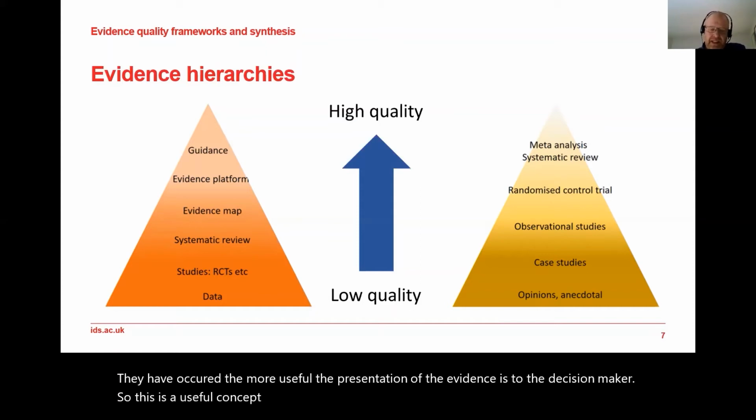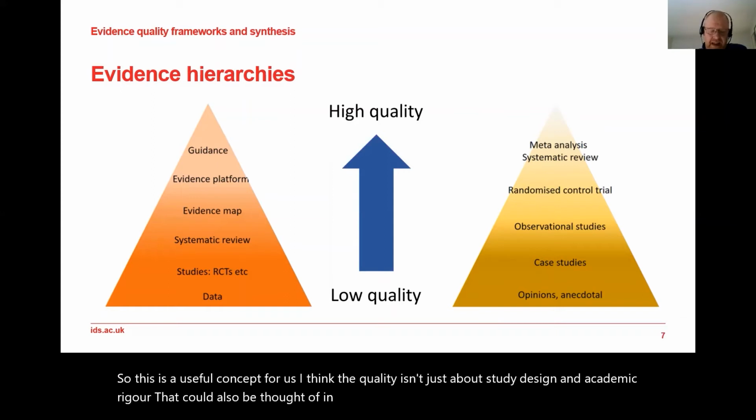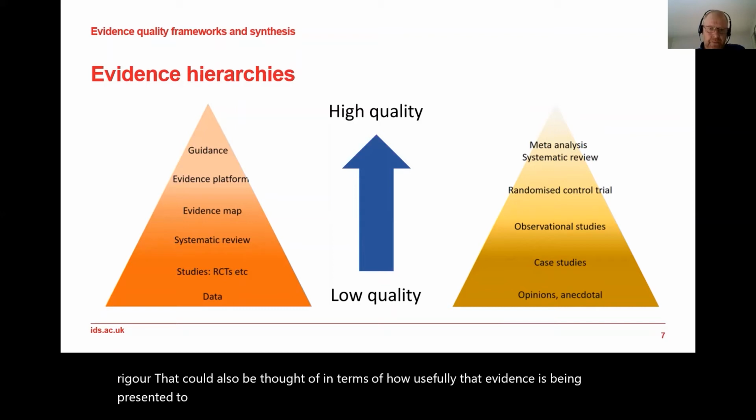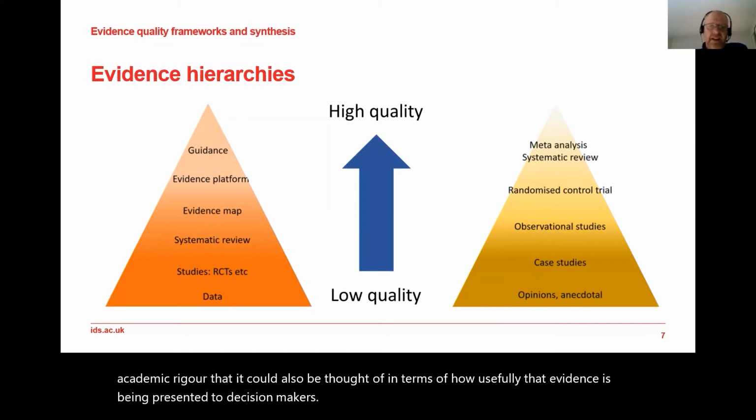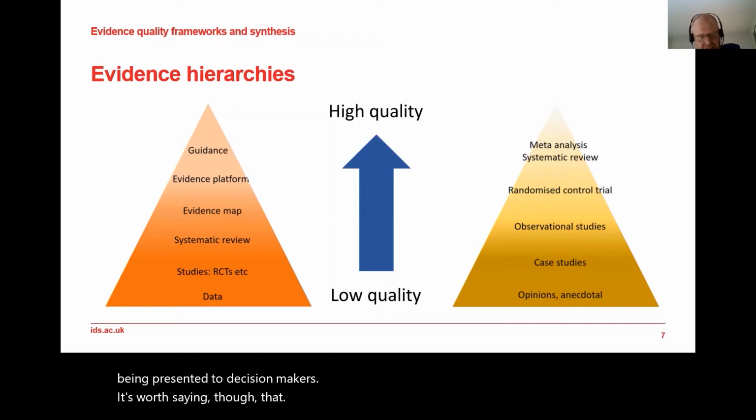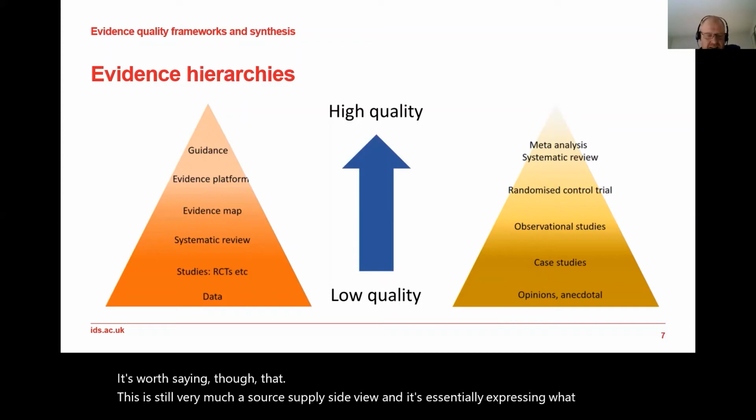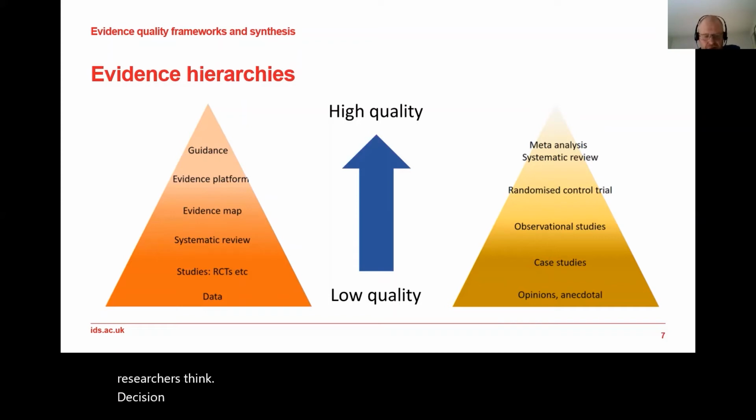I think that quality isn't just about study design and academic rigor, that it could also be thought of in terms of how usefully that evidence is being presented to decision makers. It's worth saying though that this is still very much a supply side view, and it's essentially expressing what researchers think decision makers should find useful. And as we'll see, that isn't always borne out by reality.